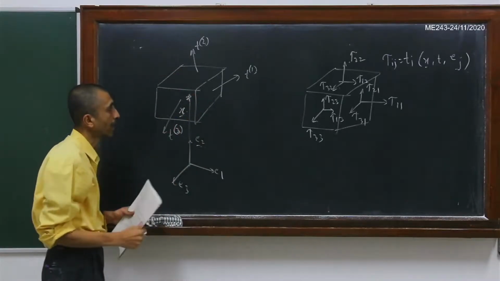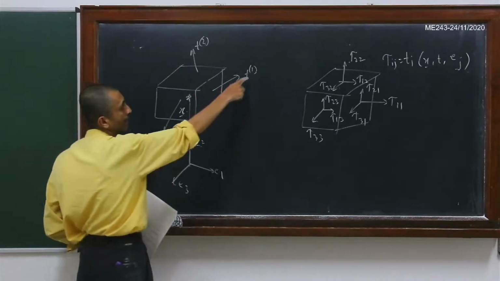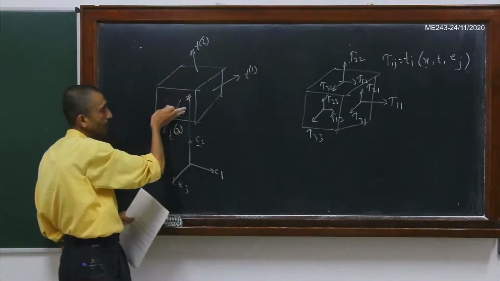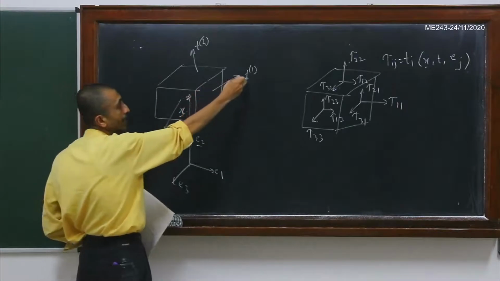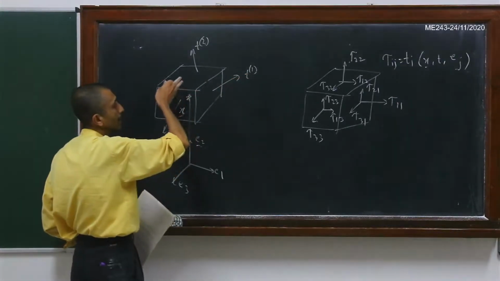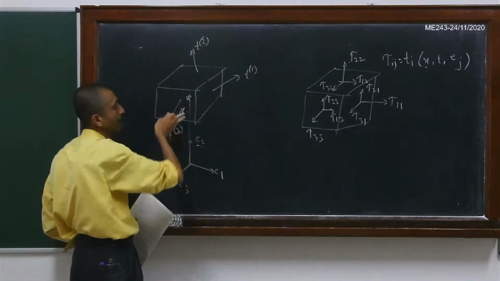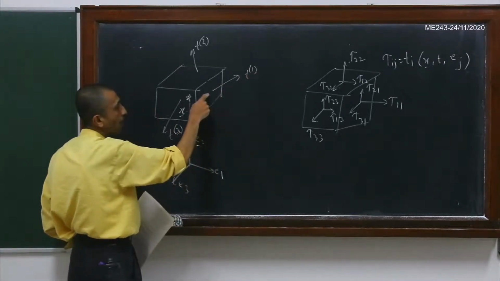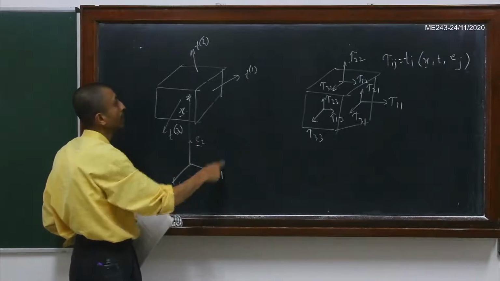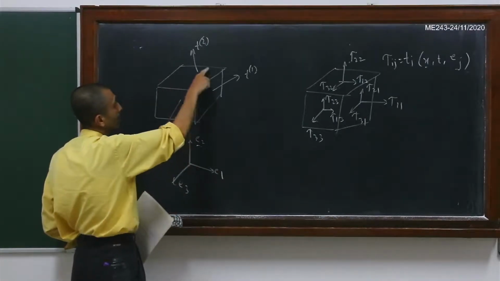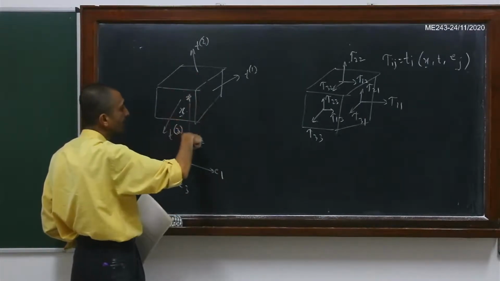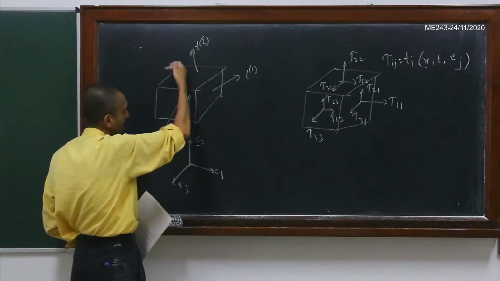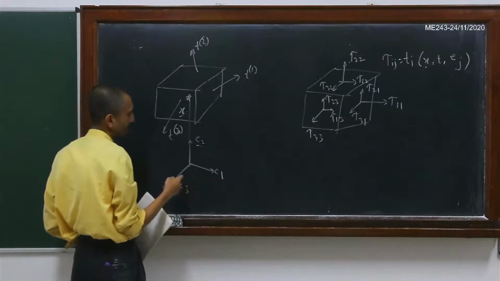Now these are the traction vectors that are acting on those planes. Suppose this is the plane that is passing through this particular point, then T1 is the traction that is acting on that particular surface. The reason I am putting 1 is because the normal to this surface is E1 here. Similarly, this surface has a normal E2 and the traction that is acting on it, let us call it T2. And this surface has a traction T3 similarly.